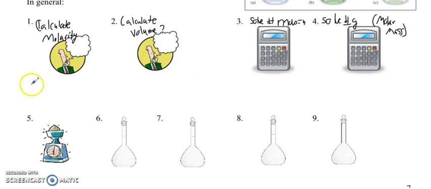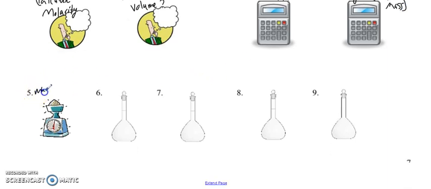So once you've done all of that, you actually have to weigh out the mass of your solid. So you got to get the mass of your solid. You put the solid in your volumetric flask. So solid in the flask. And then you're going to fill, so I'm going to actually put my little solid in the flask here. Then you want to fill about halfway with water.